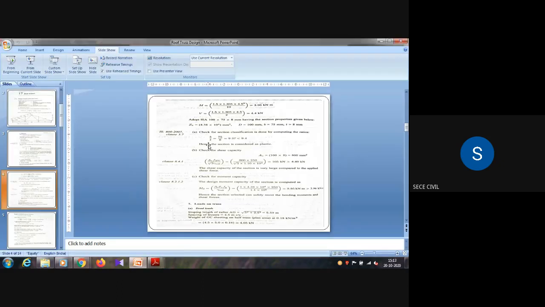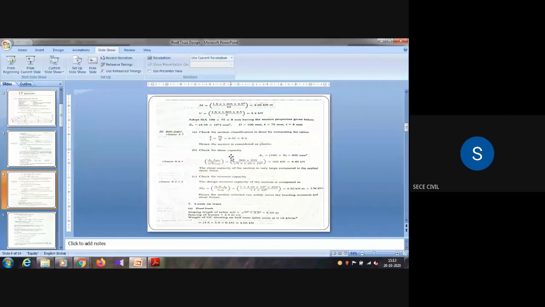If it is more than 9.4 and less than 10.5, it is compact. If it is more than 10.5 and less than 15.7, it is semi-compact. We calculate B by T as 75 by 8, which is 9.37, less than 9.4. Therefore, we treat this section as a plastic section.